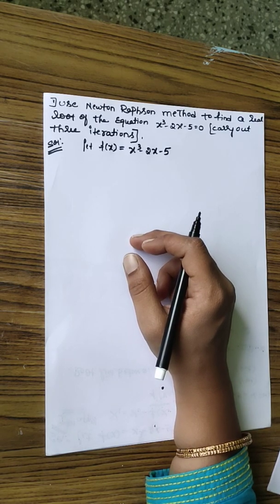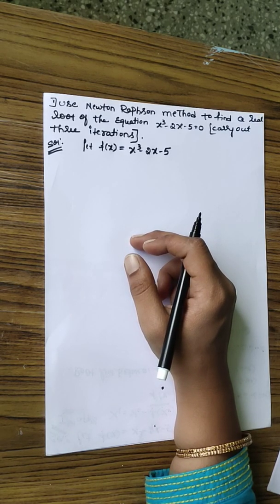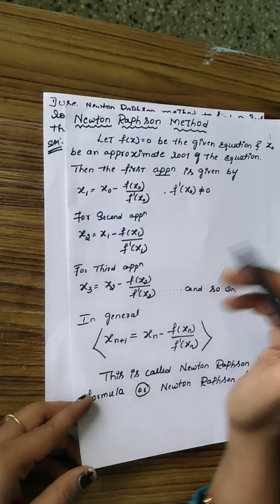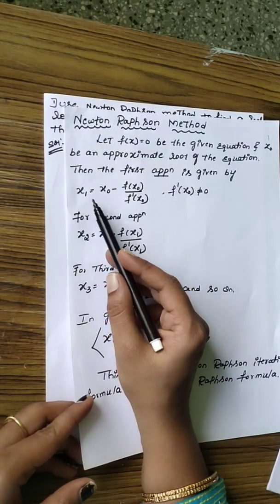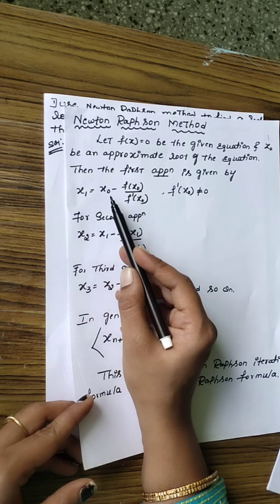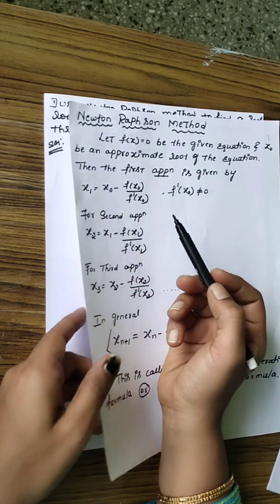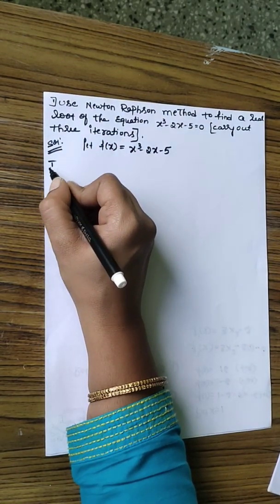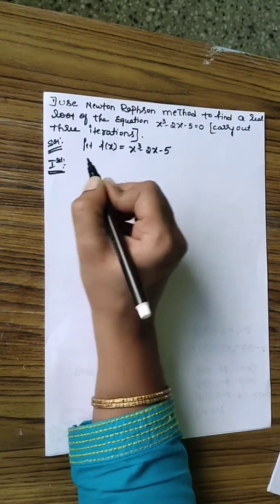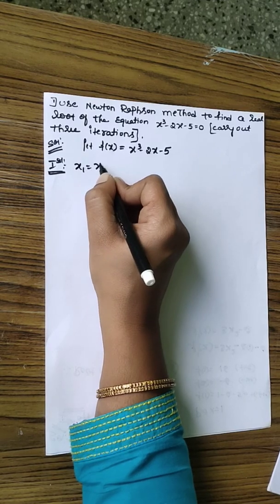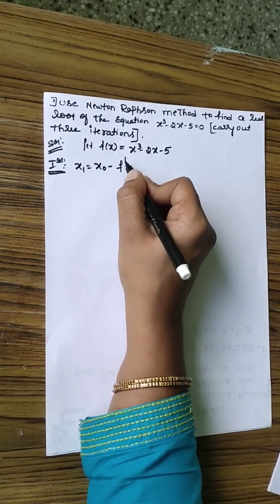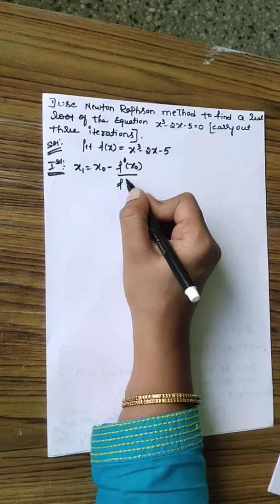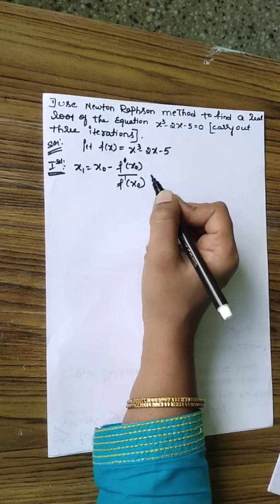First of all, we know that the Newton-Raphson formula for the first approximation is x1 equal to x naught minus f of x naught by f dash of x naught. Here I am writing the first approximation formula: x1 equal to x naught minus f of x naught divided by f dash of x naught.